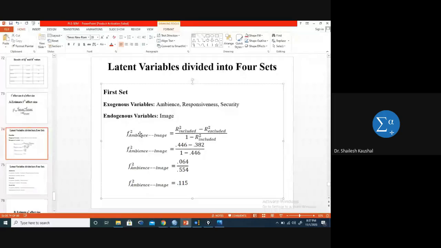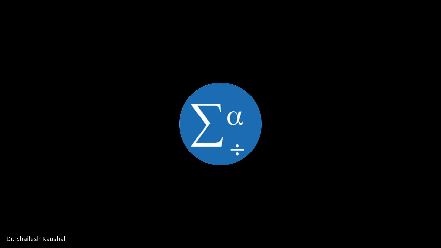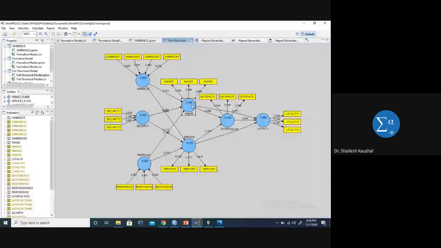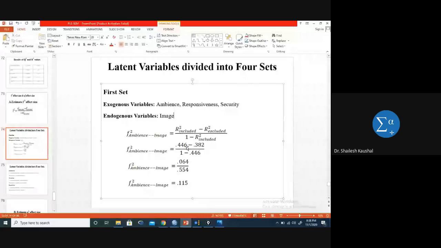So R square included and R square excluded. What does it mean, included and excluded? When we include ambience, then our value is 44.6% here, R square value 0.446.